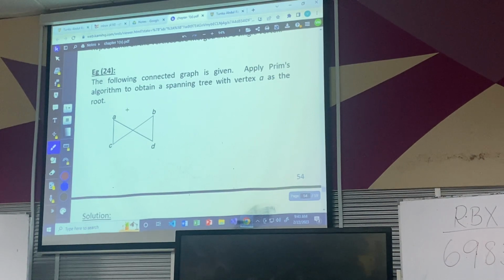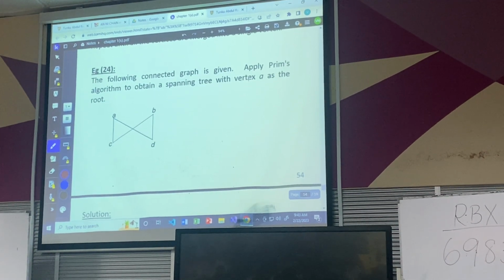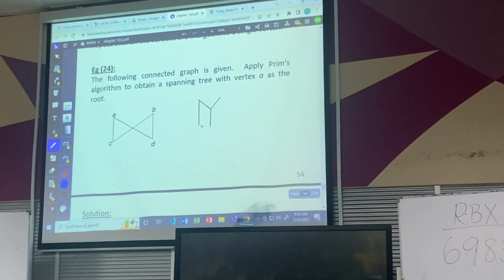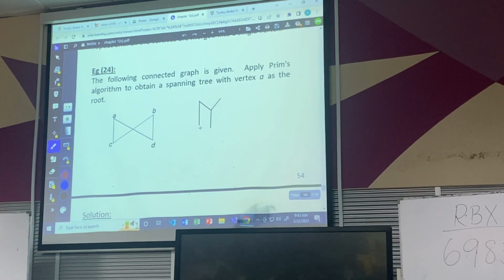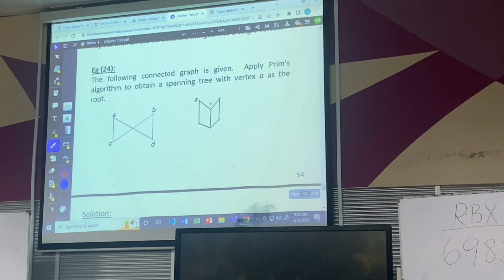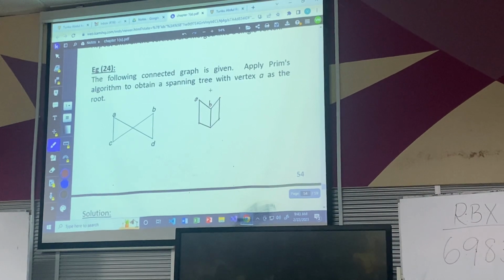Okay, let's say we have another graph. We have the graph here with A, B, C, D, E, F. Then your matrix will be very big.